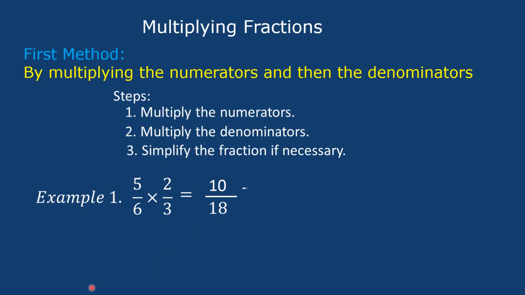So we divide 10 by 2 and 18 also by 2. 10 divided by 2 is equal to 5. 18 divided by 2 is equal to 9. So the answer is 5 over 9.